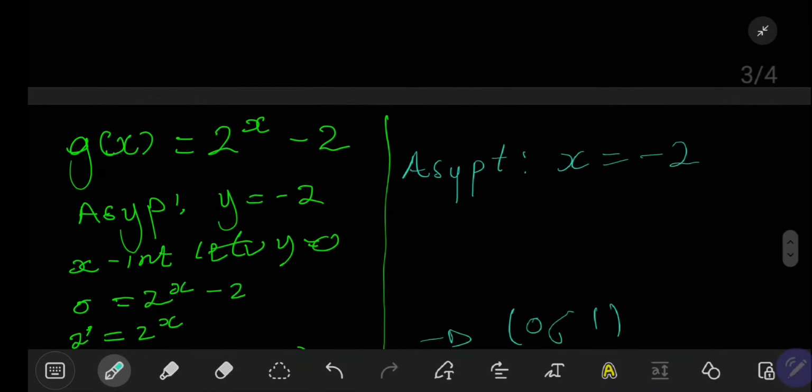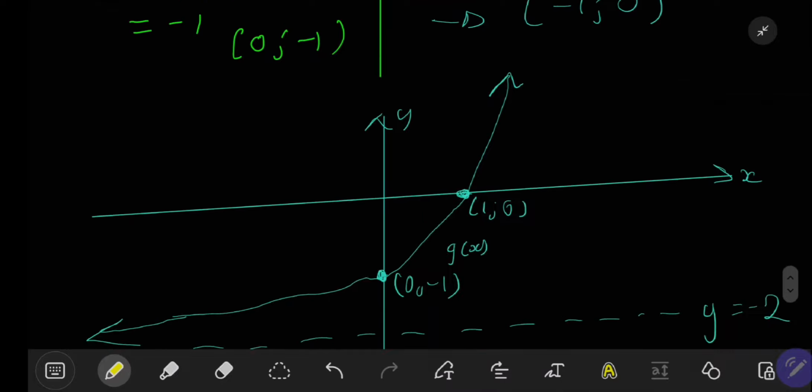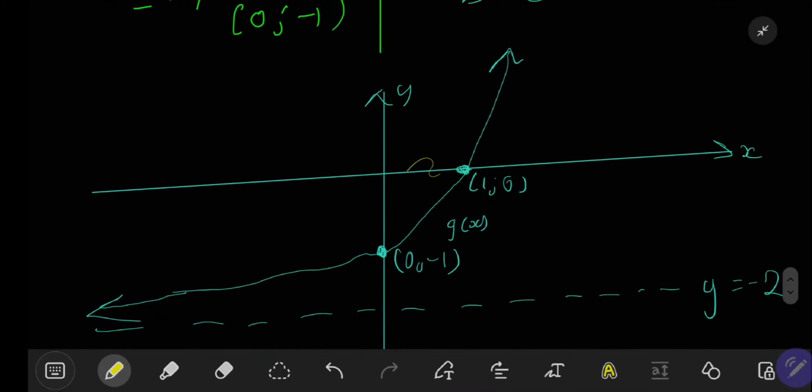We can actually put them on the same set of axes as this one. x equals minus 2. Our x-axis minus 2 can be a point here. So we're going to have a vertical asymptote. So this is the line x equals negative 2.